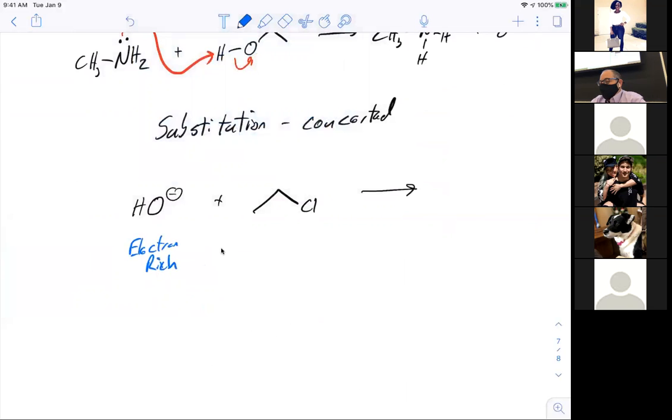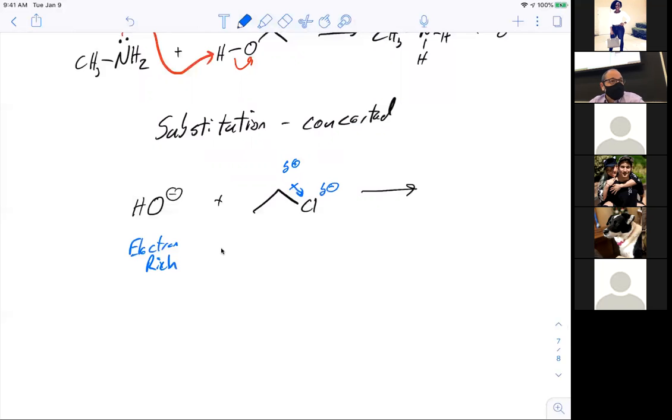But then what about the other? What do we know about it? Well, I got a dipole, right? And since I have a dipole, that means I have a partially positive and partially negative. So I have a carbon that's a little bit electron deficient, and I have a chlorine with a little bit electron negative, but then again, chlorine likes to be negative, right?